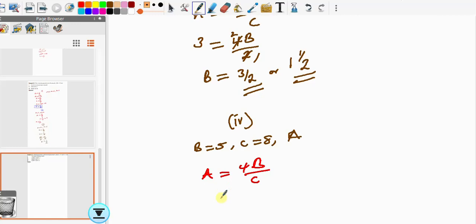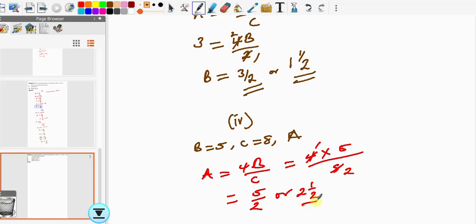Or A equal, that's what we are looking for. 4 times 5 over 8. So it should be equal 20 over 8. 4 goes here, 2, right? 4 goes here, 1. So it will be 5 over 2 or 2 and 1 over 2. This will be the answer.